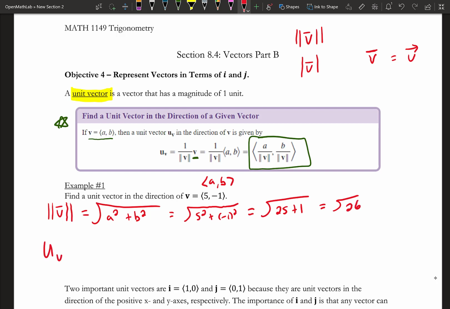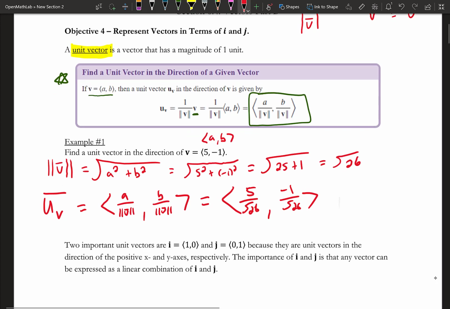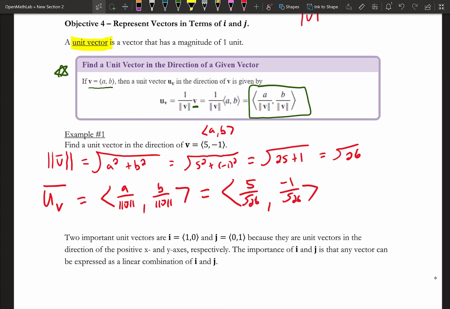Then to find this unit vector in the direction of v, we would just take the a component divided by the magnitude of v. So I could write this out, looking at it in terms of this form. This would just be equal to 5 divided by radical 26, comma, negative 1 divided by radical 26. And if you really want to, you could rationalize the denominator for each of these.